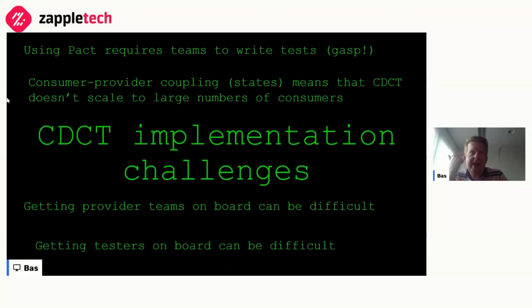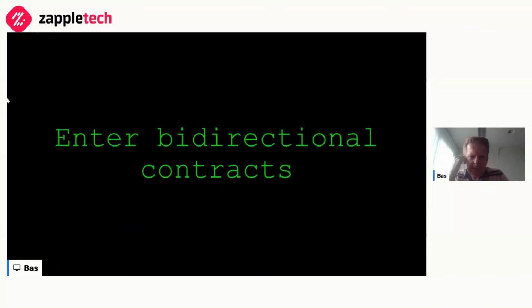And so contract testing is nothing really new, although it has seen quite a surge in interest and popularity over the last year and a half, 2 years maybe. But there are quite a few challenges when you try to implement consumer-driven contract testing. And this is where bi-directional contract testing comes in.